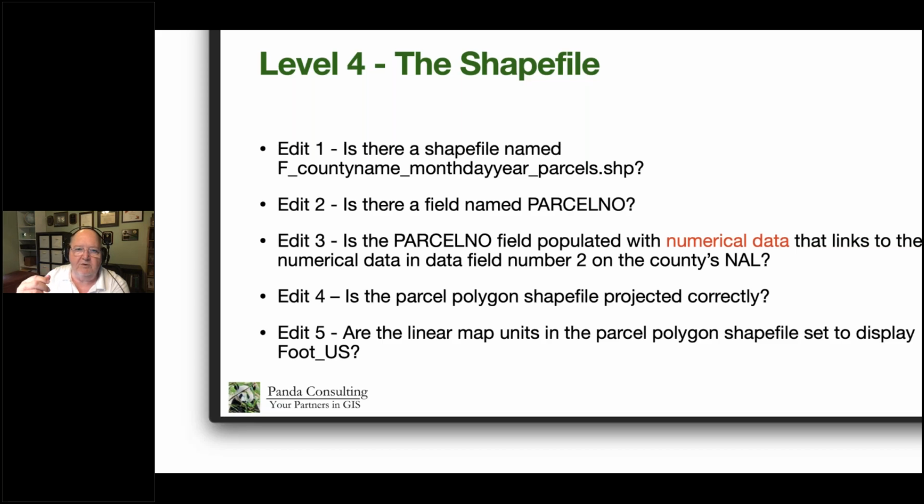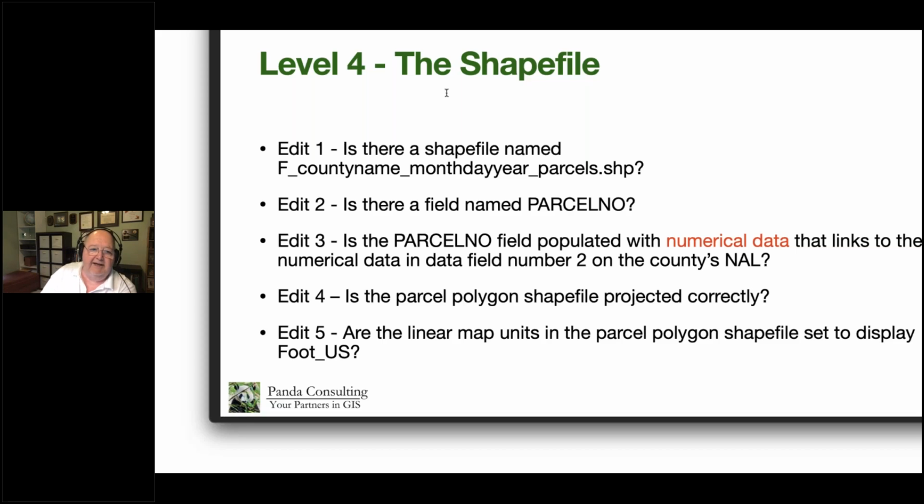All parcel mappers in Florida are required to send in 2 different data sets. The first set is just a shapefile containing the tax parcels. And so here's the different edit that they require on it. A is the shapefile named correctly.